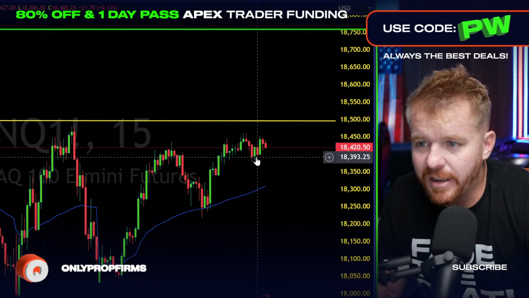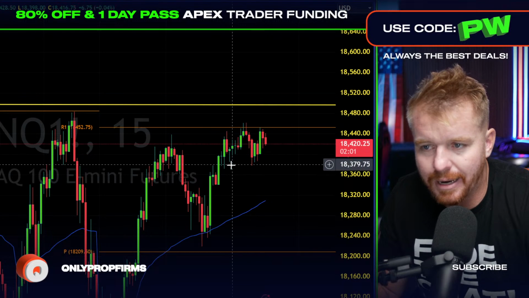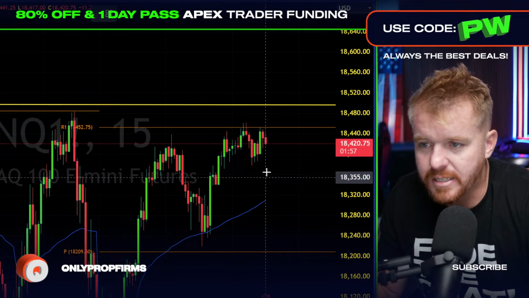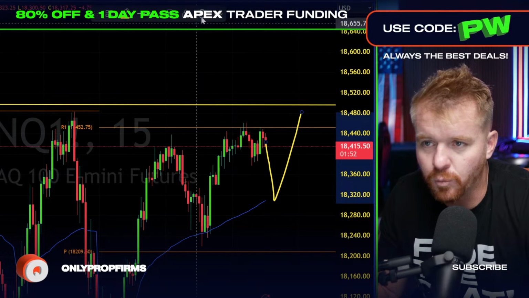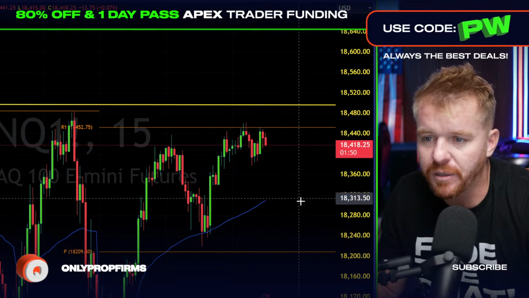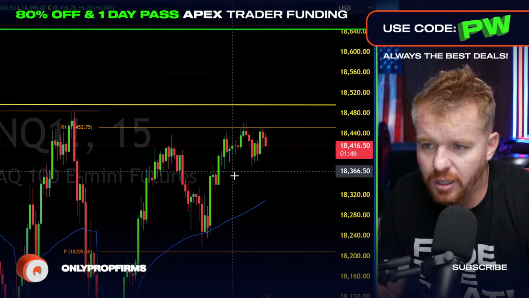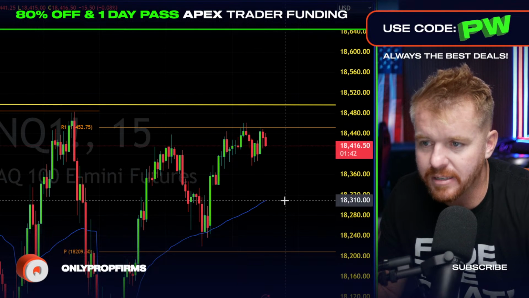All right, this 15-minute chart is looking a little scary up here right now. I just feel like this is a recipe for a pullback to the VWAP when the price is just floating up here. We didn't get a lot of pullback into this price action area.